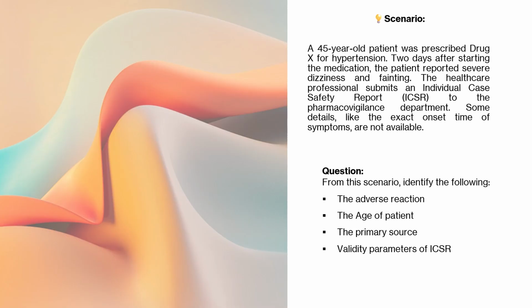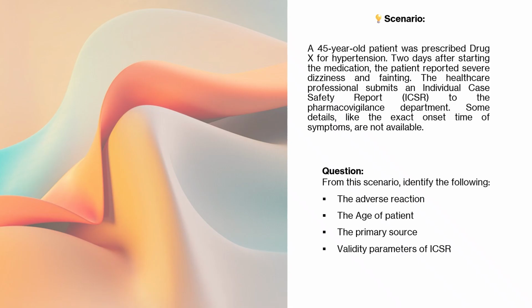Alright, so we have a scenario based question at the end again, which is a 45-year-old patient was prescribed drug X for hypertension. 2 days after starting the medication, the patient reported severe dizziness and fainting. The healthcare professional submits an ICSR to the Pharmacovigilance department.